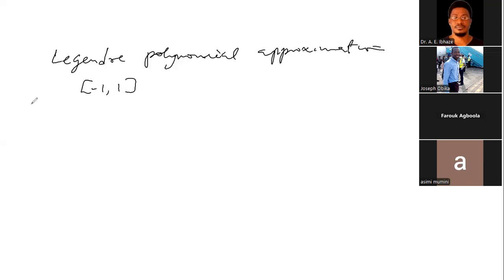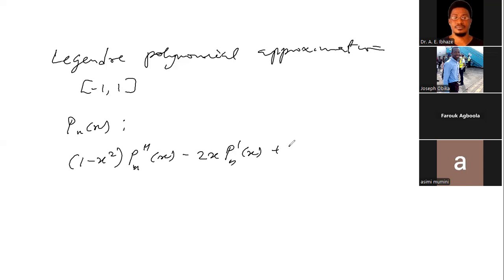And the Legendre polynomial P of n of x satisfies the Legendre differential equation, which is given as 1 minus x squared times the second derivative of the Legendre polynomial, minus 2x times the first derivative, plus n times (n plus 1) times P n of x equal to 0.